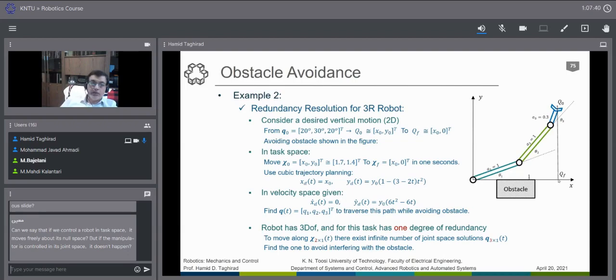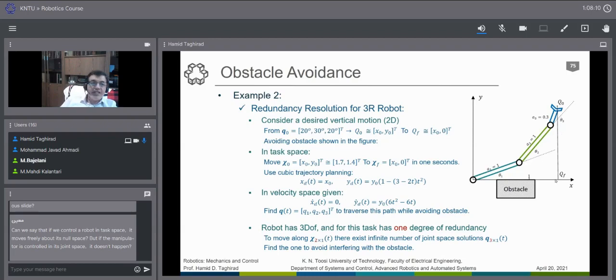As you see, we have an RRR, and the link lengths are 1, 1, and 3.3, the values are given. The initial point is given by 20 degrees, 30 degrees, 20 degrees, something like that. And the final point is almost 1.7 and 1.4 with some degree of accuracy.